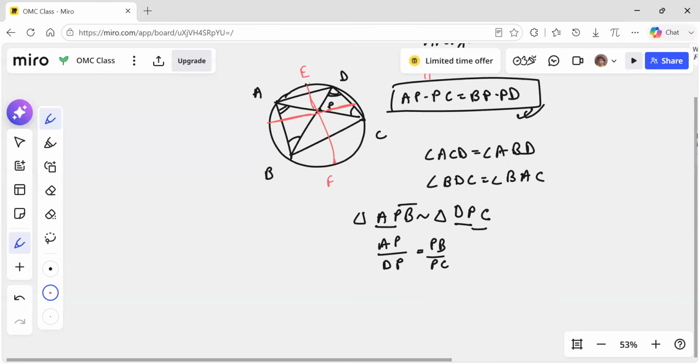Similarity, right? Can anyone suggest a very nice chord which we can use? Good, diameter, yes.